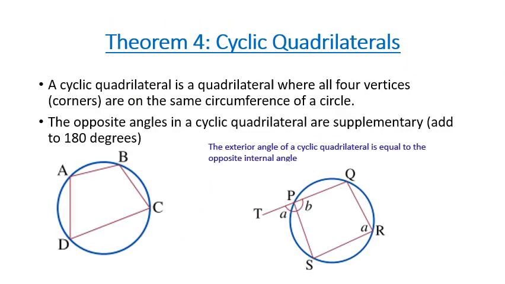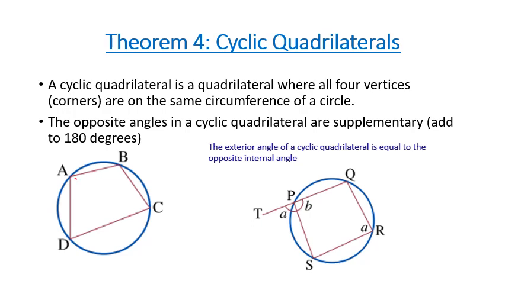Okay, the last theorem we're going to look at in this video tutorial talks about cyclic quadrilaterals. Now, a cyclic quadrilateral is essentially a four-sided shape that's inside a circle where all of the points on the four-sided shape touch the circumference. And if that happens, the opposite angles are supplementary, meaning they add up to 180.